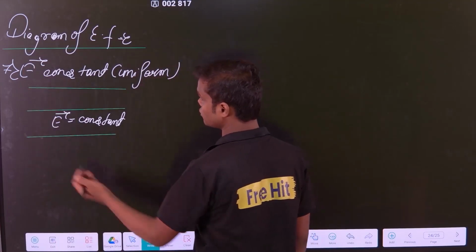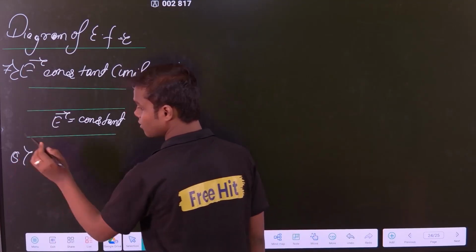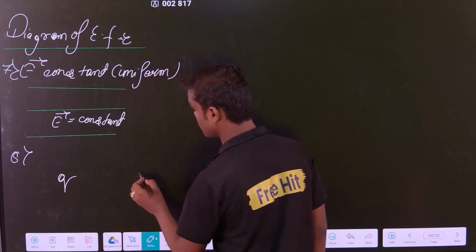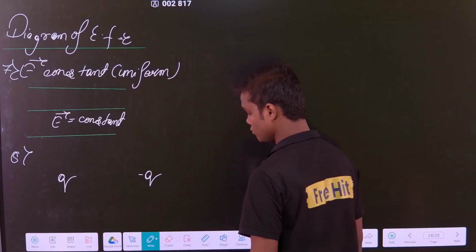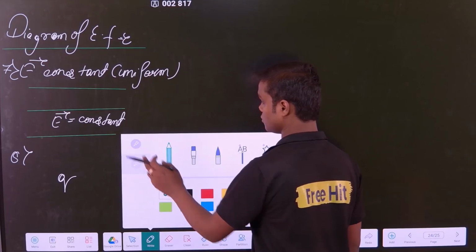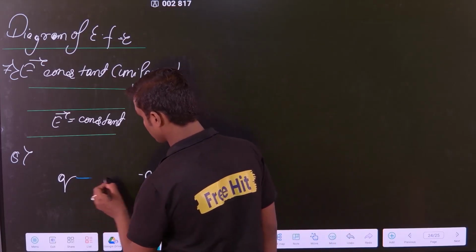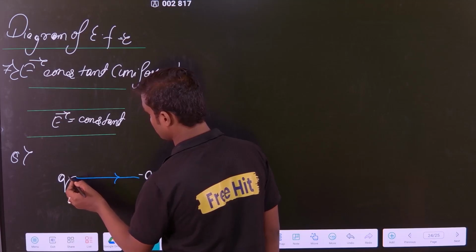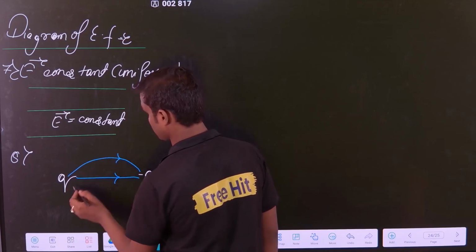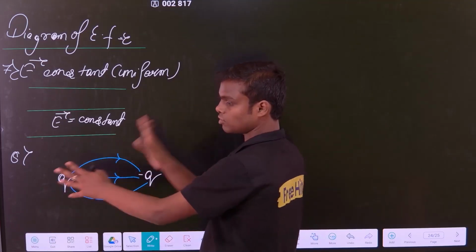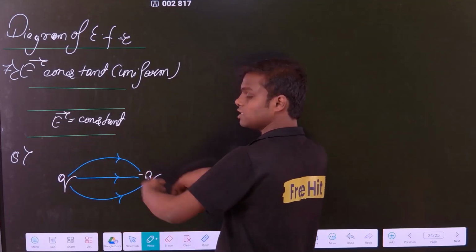Now some diagrams, like one most important diagram. There is a very famous diagram, it is given in NCERT also: plus q and minus q. So what is the field line for this? It is better you remember these field lines, because from a positive charge the field lines go to infinity, but there is a negative charge, so field lines enter inside it.